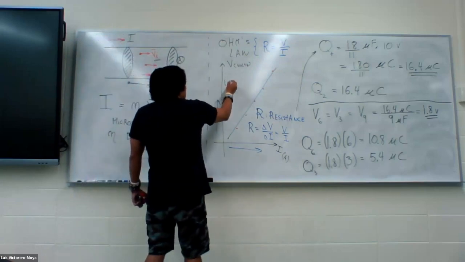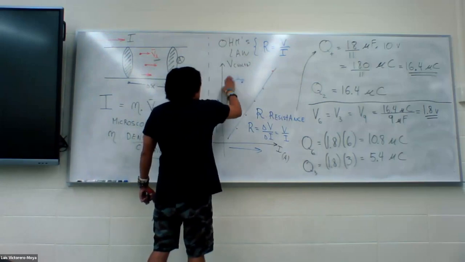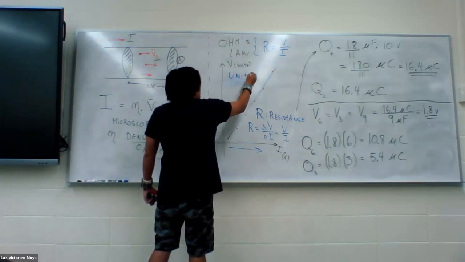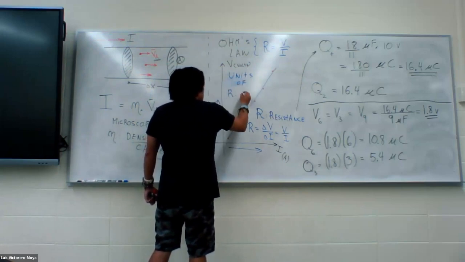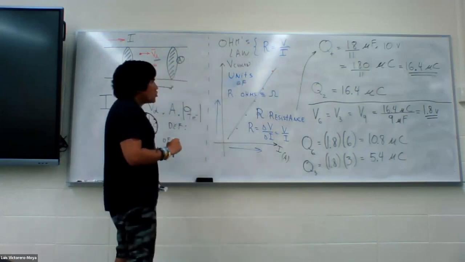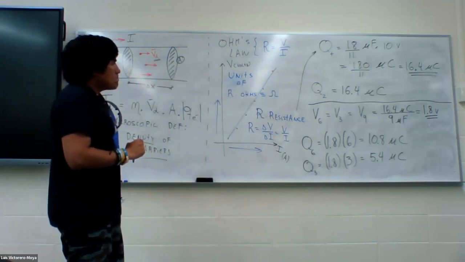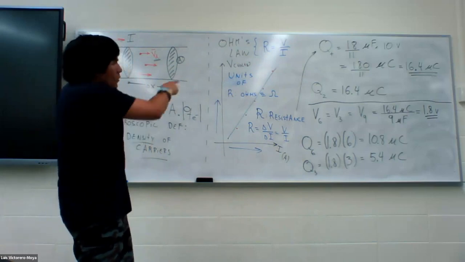So the units of R are in ohms, which are equivalent to the omega symbol, like that. That's Ohm's law. That's what you will find.